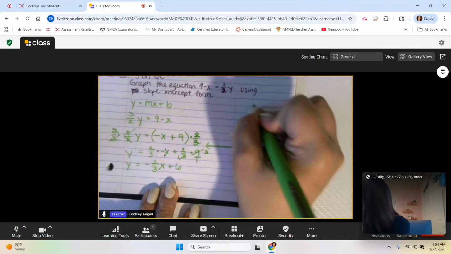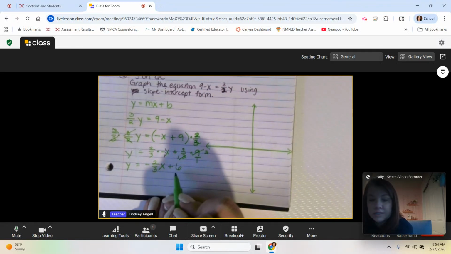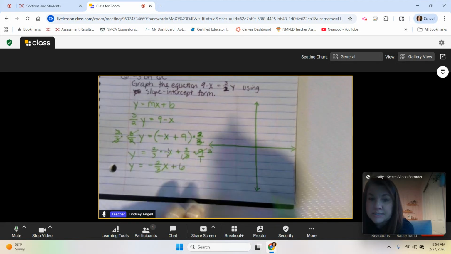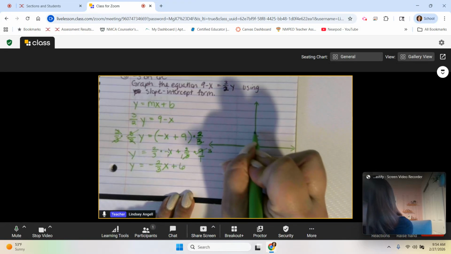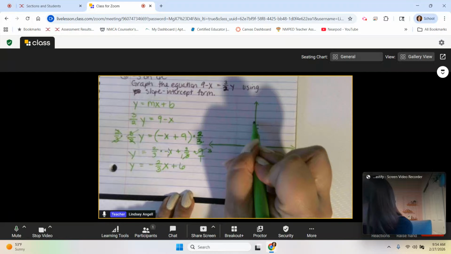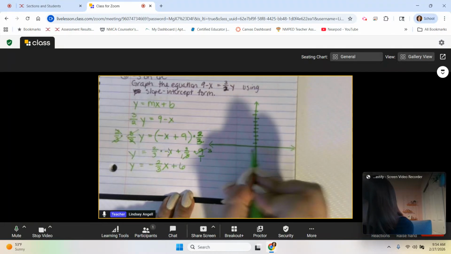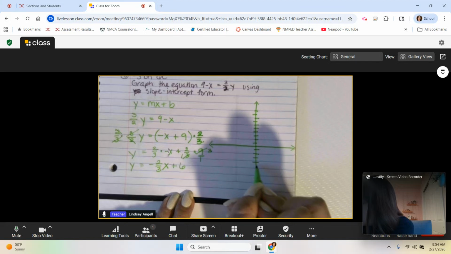Okay, so let's see here. My y-intercept is 6. That's where I need to start out. Now, I didn't give myself a ton of room for a big graph, so I'll double up on these tick marks on my lines.